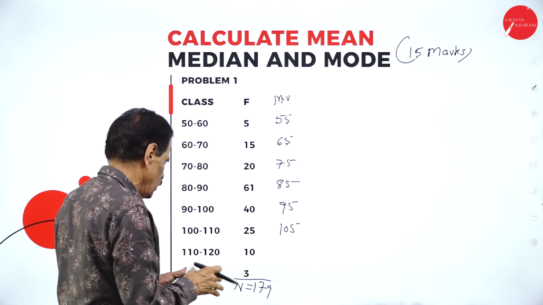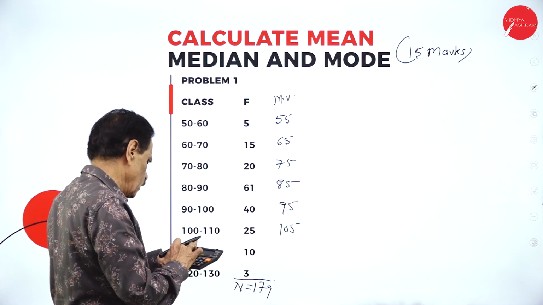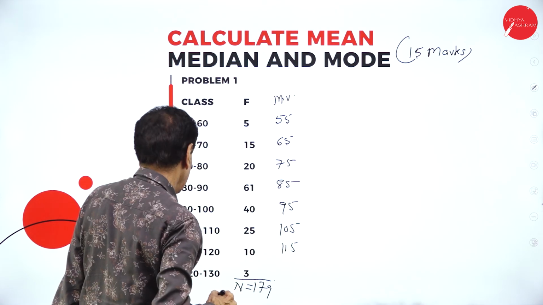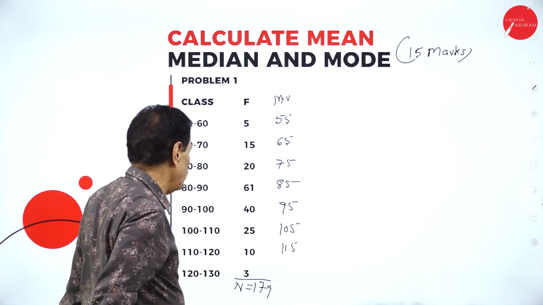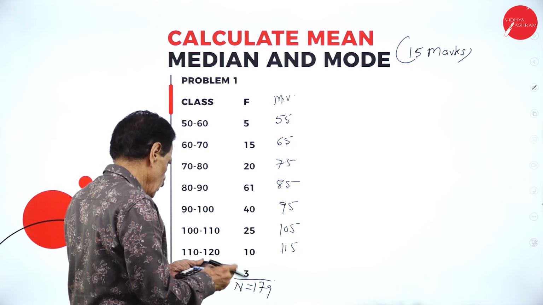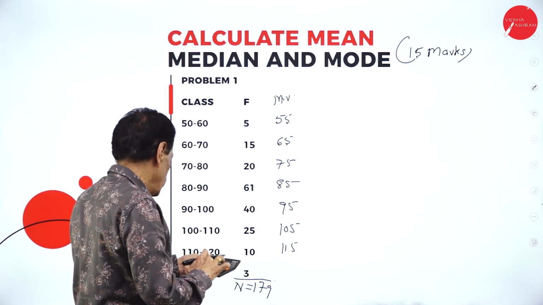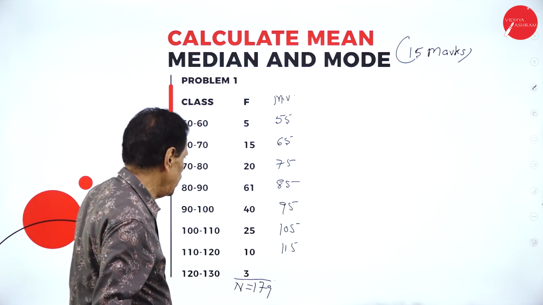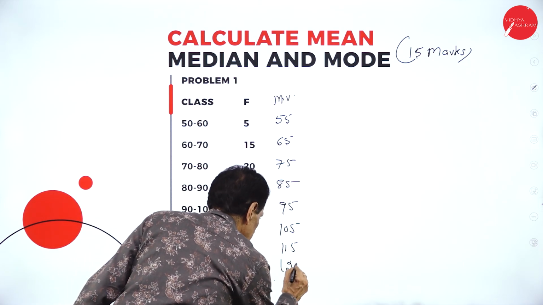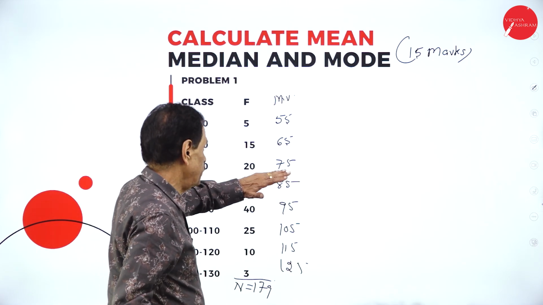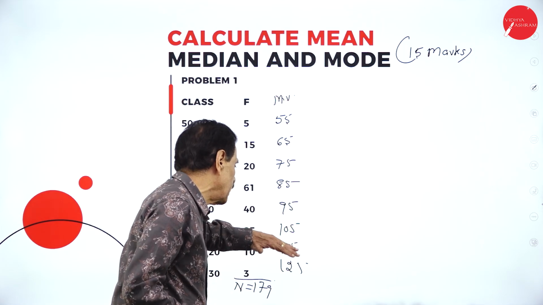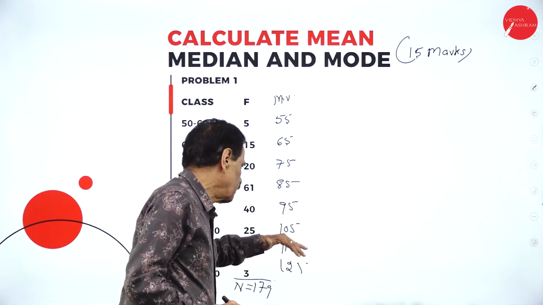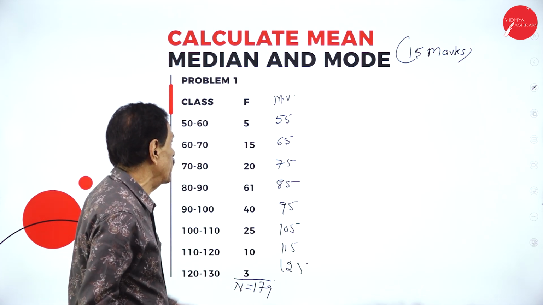Then 115, and 120 plus 130 divided by 2 is 125. Difference of 10: 55, 65, 75, 85, 95, 105, 115, 125.